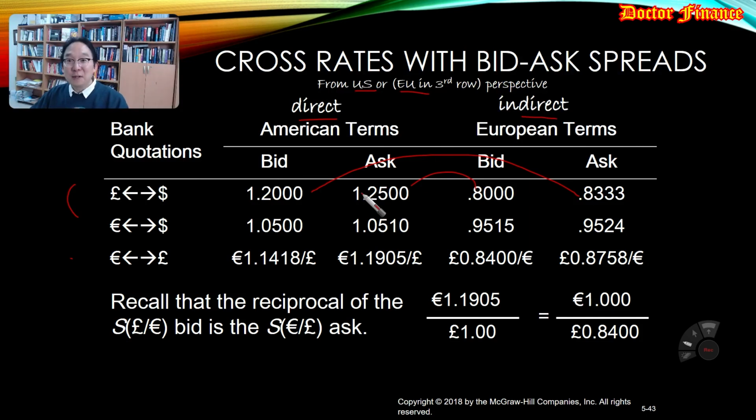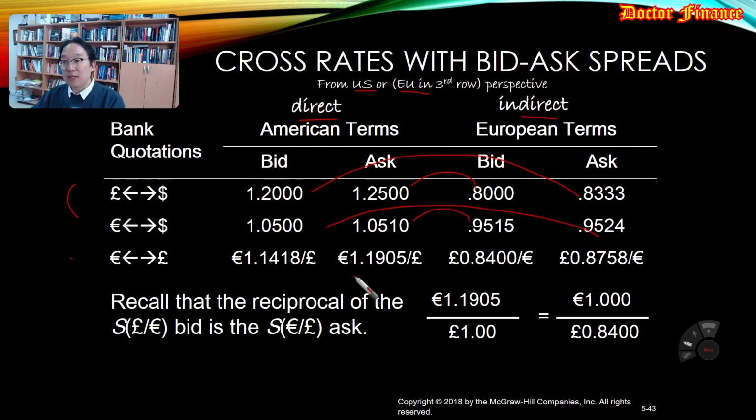Your dealer's bid price is your ask price, and your ask price is the dealer's bid price. And then the currency, you stand in the opposite direction, right? So that's what it takes. And euro to dollar, same idea.